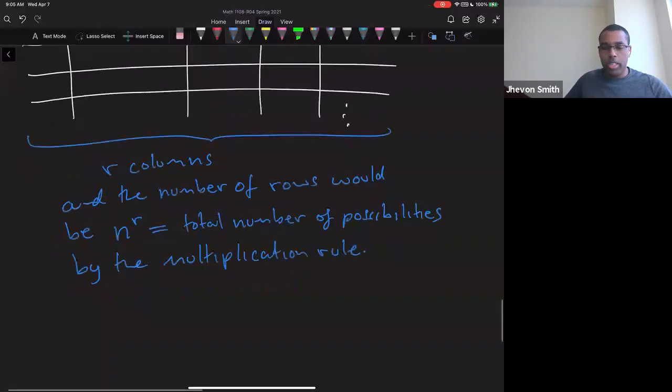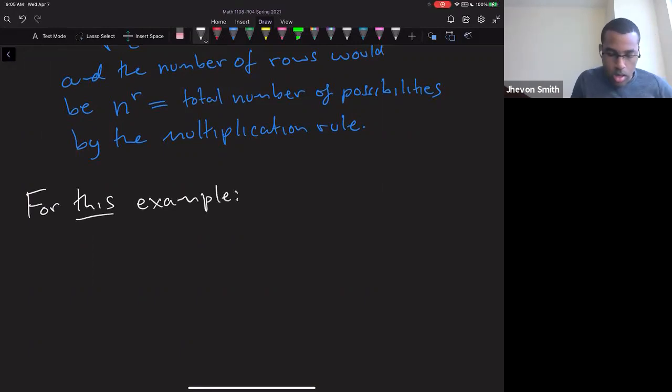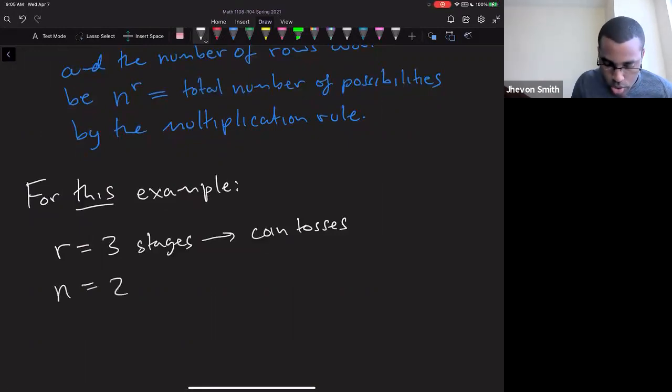Let's get to this particular example. For this example, we have R equals 3 stages, namely coin tosses. And we have n equals 2 possible outcomes, namely heads or tails.